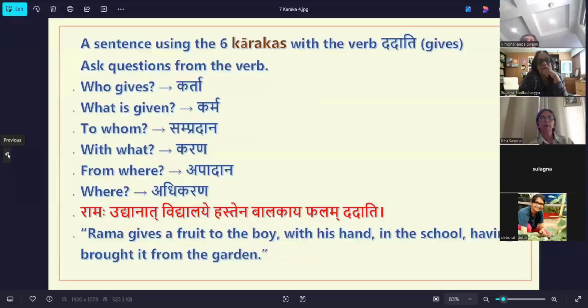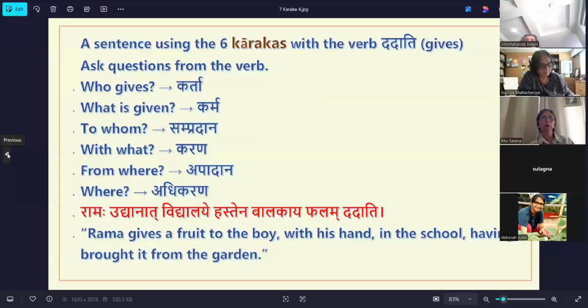Hand. Hastena. Then, that phala is from where? I have told you, from where it has come. Phala has been taken away from somewhere. From where? Udyanat, Panchami.